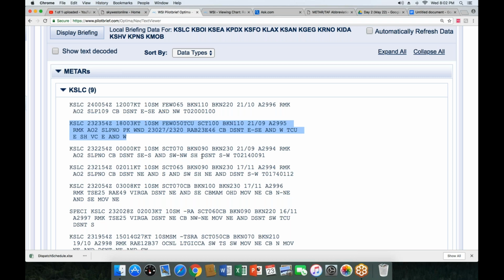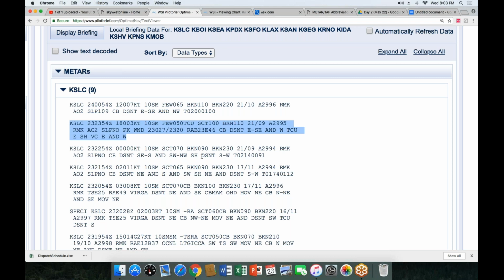Oh, okay. So the sea level pressure is not available. PK, so there's peak wind. Yep. So sea level is not available.